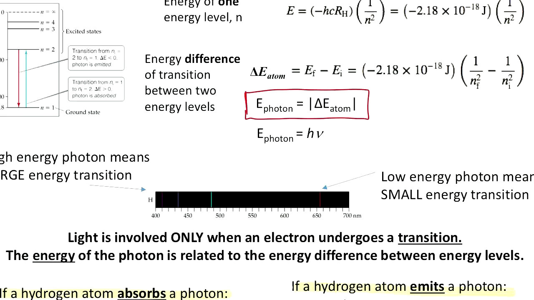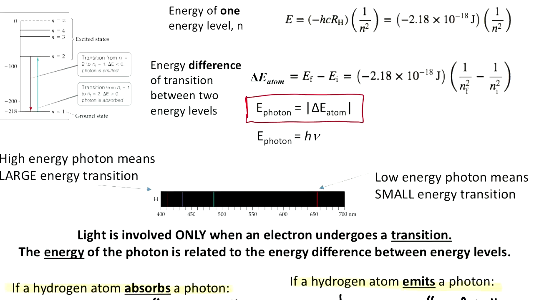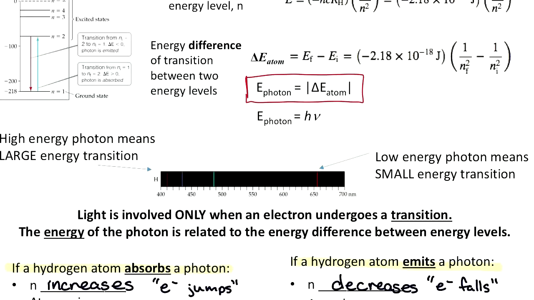So this actually brings us back to chapter 5, us understanding what is the significance of energy being emitted or absorbed. So what we see here is that the energy of the photon is related to the energy change of the electron or the atom that it's making. But let's think about this. If a hydrogen atom absorbs light, all right?